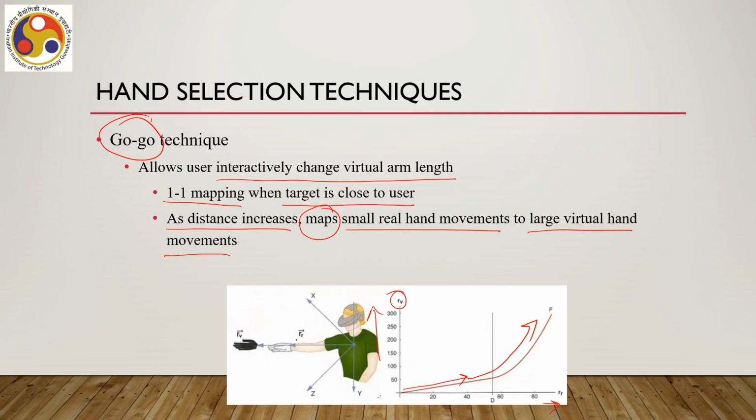So, the physical hand may move a little, but the virtual hand may move far away with higher speed, so that distant objects can be reached quickly and selected. So, this is one way to overcome distant object selection with virtual hand movement through the go-go technique. However, the problem is precision.